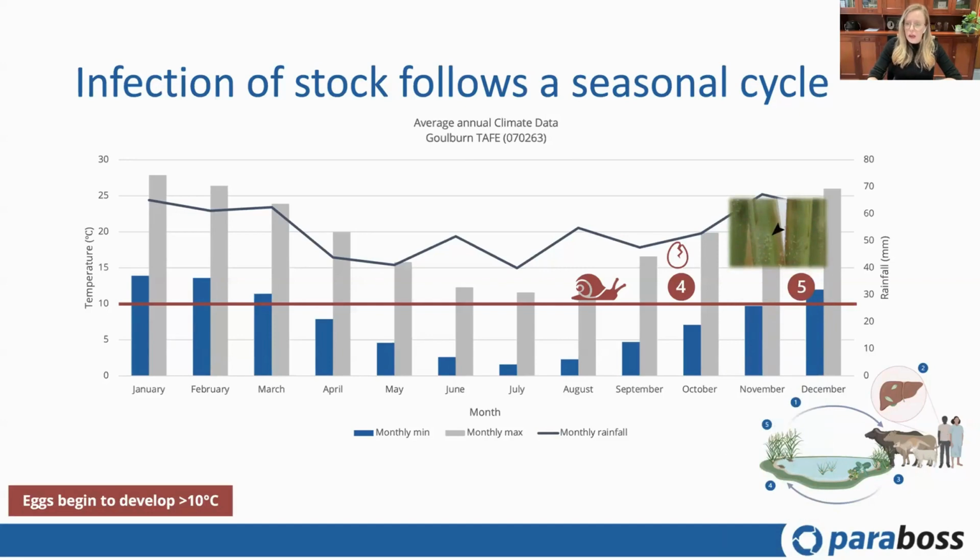So 1 to 2 months after that, those snails start to produce these cercariae, which would go on to become metacercariae, the infectious cyst stage of this parasite that's infectious to us and our stock. So that would be occurring a month or 2 later from that 10-degree threshold. So our stock then become infected.